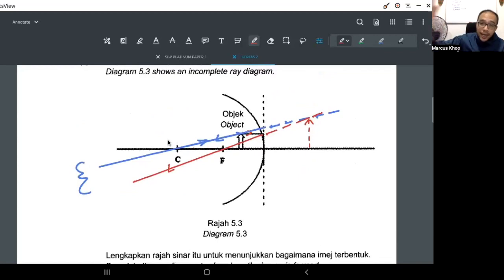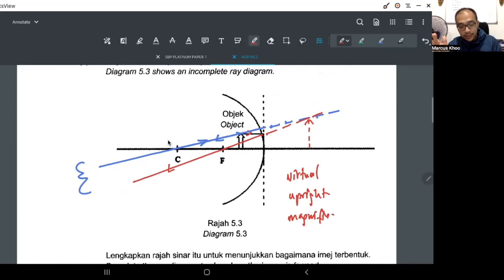So anything behind the mirror, everybody, this is not a lens. I've talked so much about lenses today. We need to talk about mirrors. So for a mirror, anything behind the mirror will be virtual. So this is virtual, upright, and magnified, in case they ask for the characteristics of this image. So if anything, remember this.